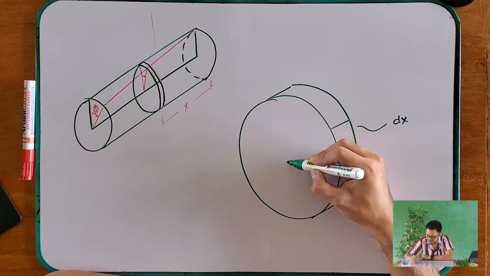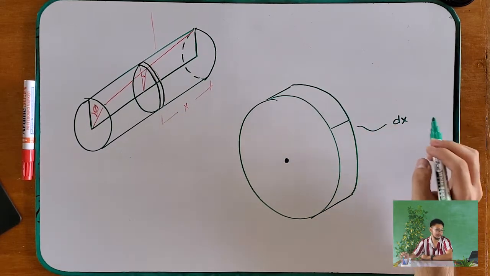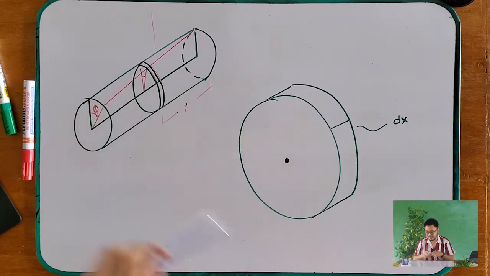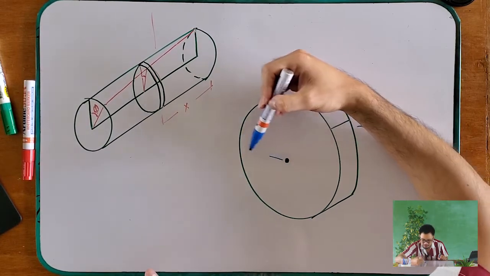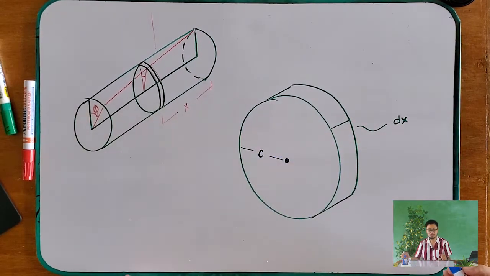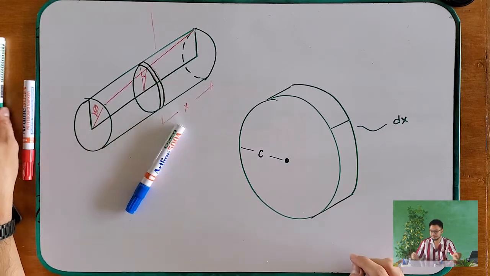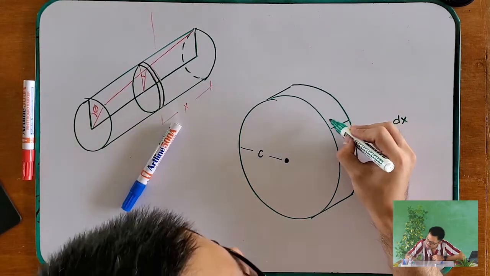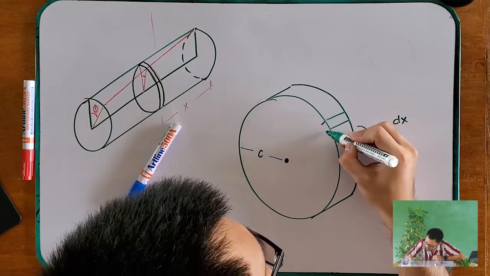And this is the center of our plate. And given the radius from the center to the outermost part is, let's call C. Okay? And we are taking an element na pod, a small element from this material.